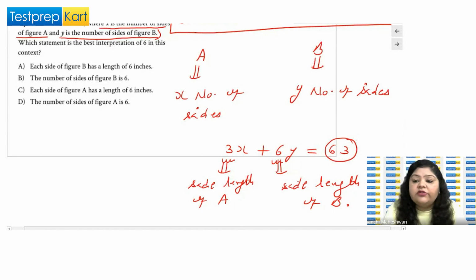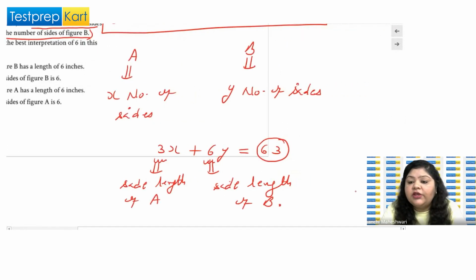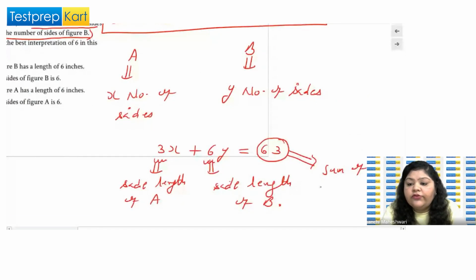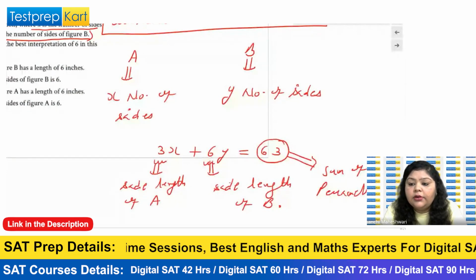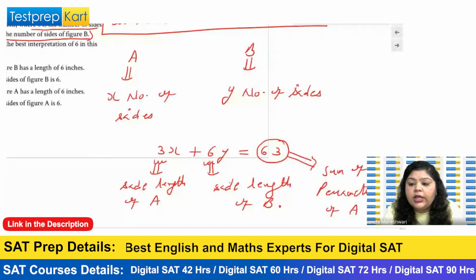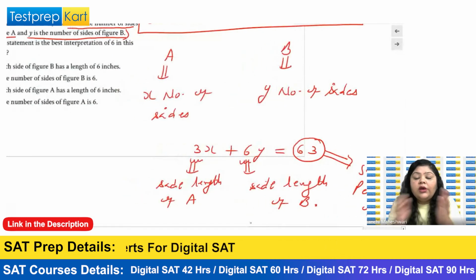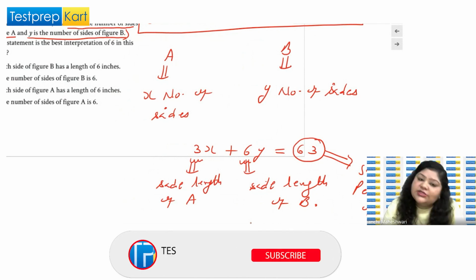Let me write that it represents the sum of perimeter of A and B. That is how you have to write down the separate things: what does this 3 represent, what does x represent, what does 6 represent, what is y representing, and what does 63 represent.